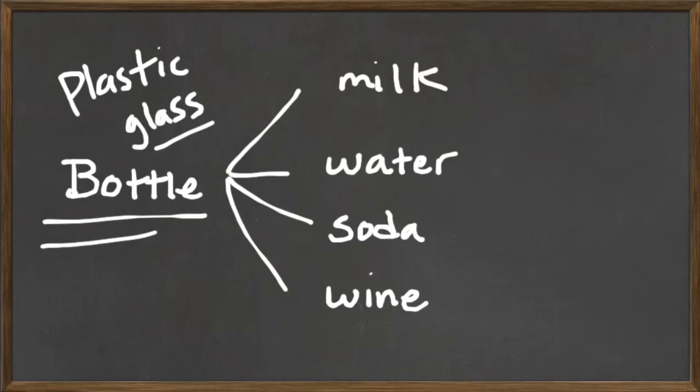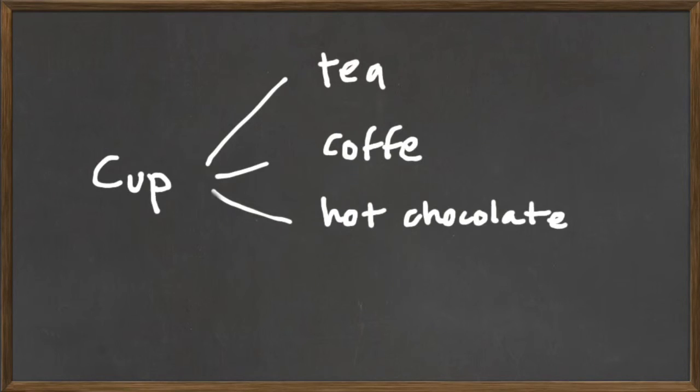And for bottle, we also refer to the carton, where you have milk in it. All right. So these are, like I mentioned before, only examples. However, we can put any liquid or any drink in any container. That doesn't really matter.